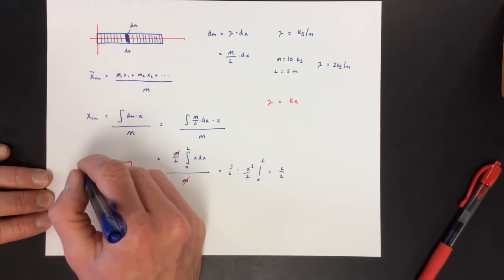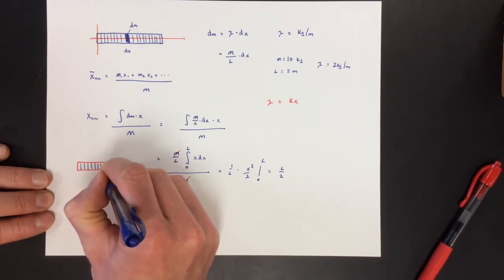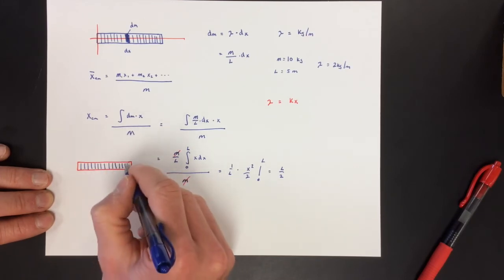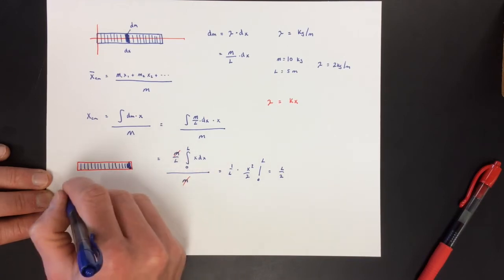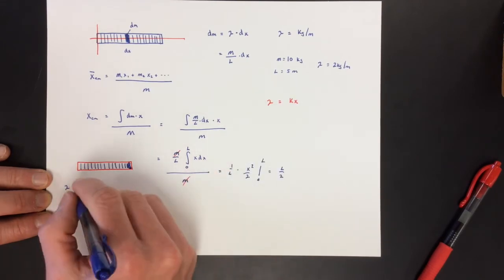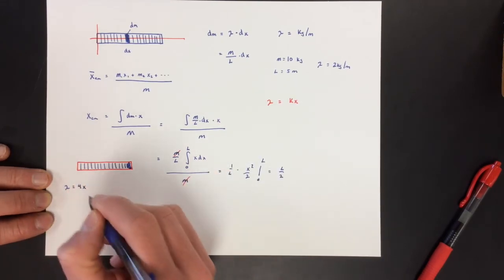What that means is, when we look at all these segments and break it up, the density of each one of these pieces is getting bigger and bigger. Let's give an example. Let's say lambda in this case is equal to 4x or something.